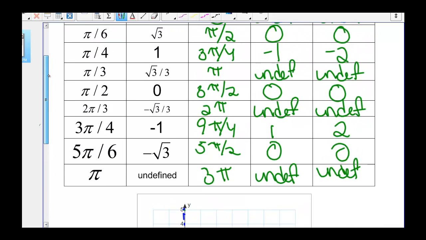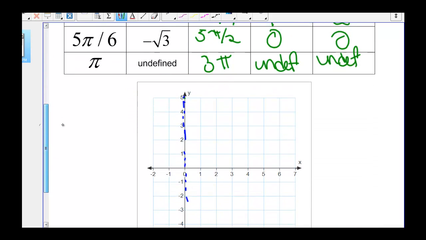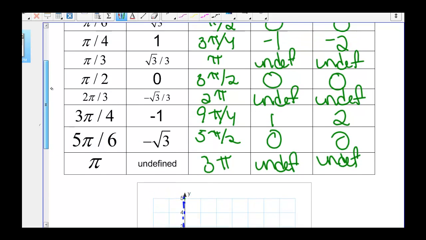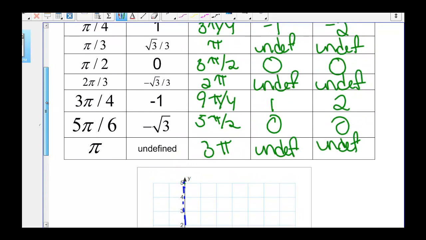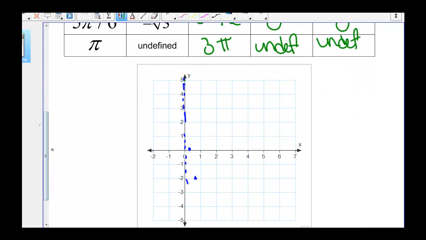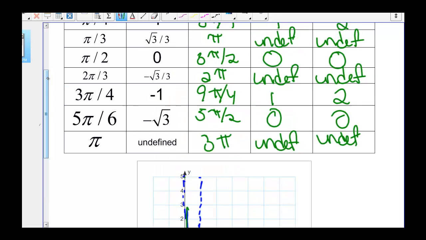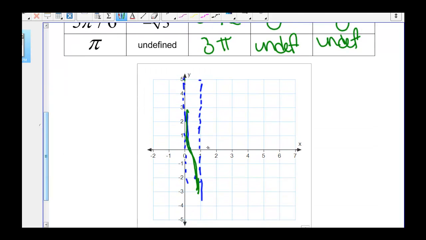Now to plot these points, at 0 we're undefined. At pi over 6 we're 0. At pi over 4 we are negative 2. At pi over 3 we are undefined. So filling that one in. At pi over 2 we are 0. And at 2 pi over 3 we are undefined.